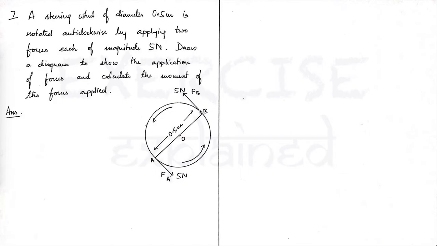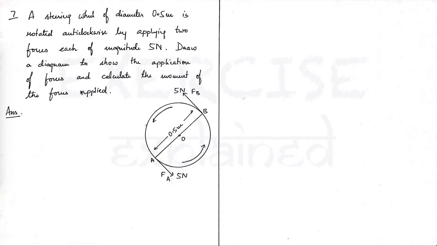So there are two forces which are being applied. One is, let's say, applied at the point B. I have taken it as B, so it is 5 newtons anti-clockwise. Another force that is applied at A, that is Fa, so this is again 5 newtons. Draw a diagram to show the application of forces. So I have already drawn it, you can see this. And calculate the moment of the forces applied.